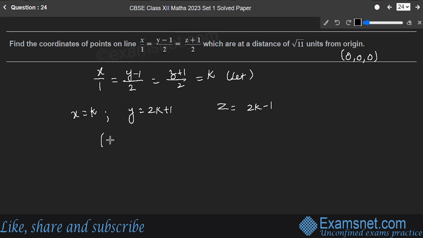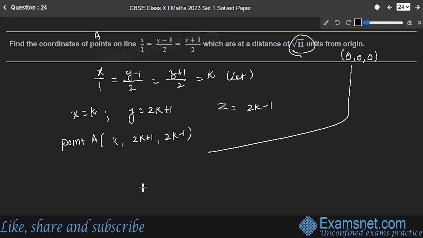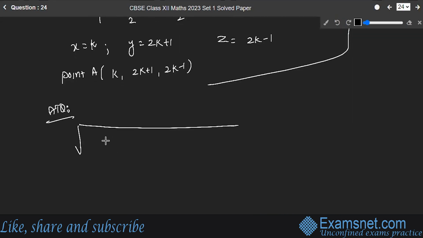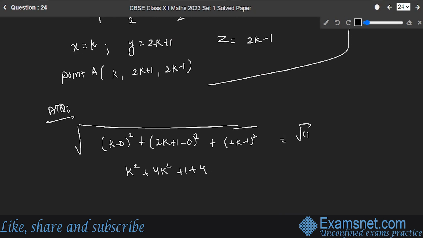Fine. So let's say the point is A. So point A becomes (k, 2k plus 1, 2k minus 1). Now the distance from the origin is given to be root 11. According to the question, I'm following the distance formula now. So the distance formula says root of (k minus 0) square plus (2k plus 1 minus 0) square plus (2k minus 1) square is equal to root of 11, or k square plus 4k square plus 1 plus 4k plus 4k square plus 1 minus 4k is equal to this.